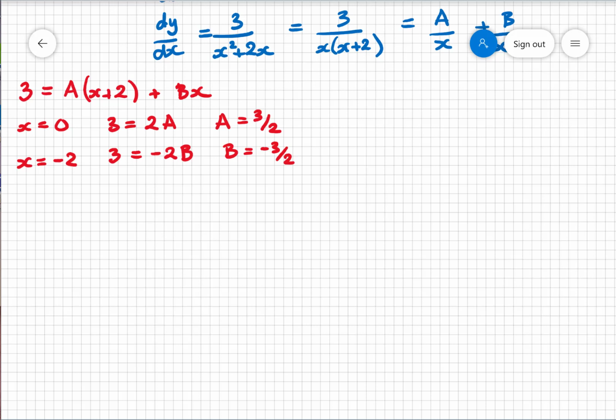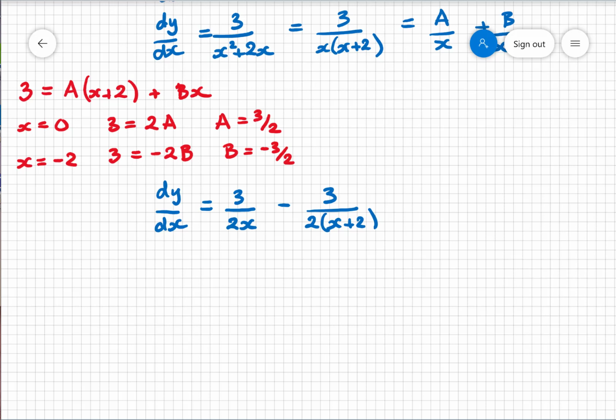And so our differential equation becomes dy by dx is equal to 3 over 2x minus 3 over 2 brackets x plus 2. Now that's in the form that we noted before. dy by dx is equal to a function of x, and that function of x is in a form that we can integrate.